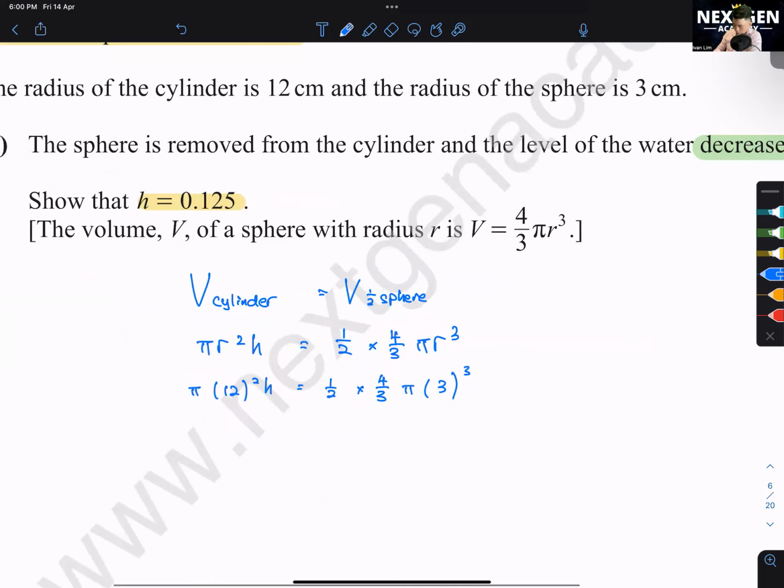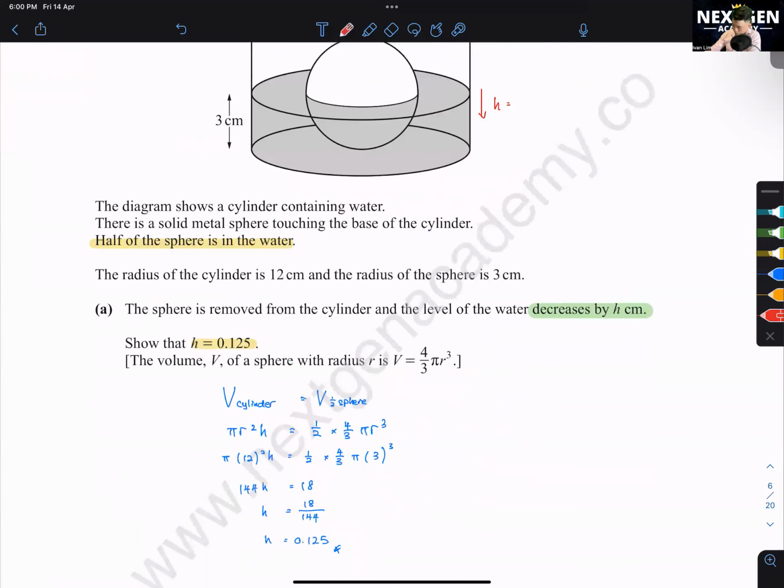Go and simplify it. The pi and the pi are cancelled off. This will be 144h equals 18. h will be equal to 18/144, which is equal to 0.125. So that means it went down by 0.125 when you take out the sphere.